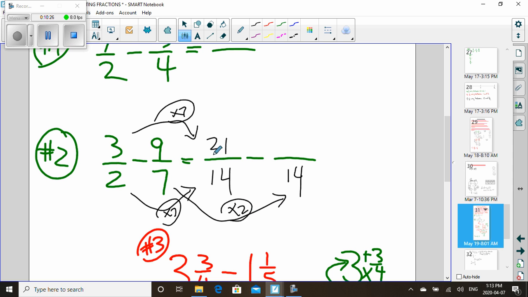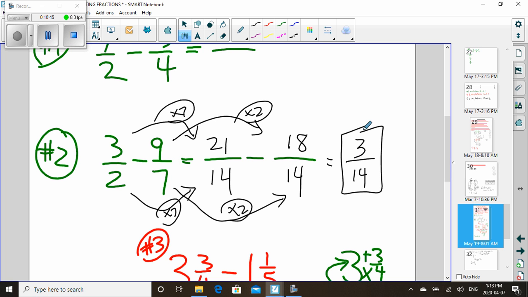I doubled it. So I double 9, 18. So now I'm looking at 21/14 minus 18/14. They're common denominators of 14, which is great. 21 minus 18 is 3. That is lowest terms. You can't bring that any lower.